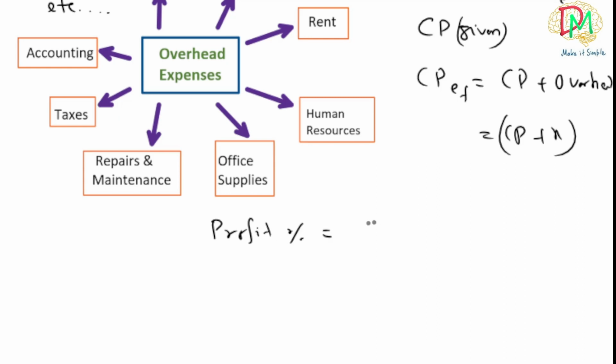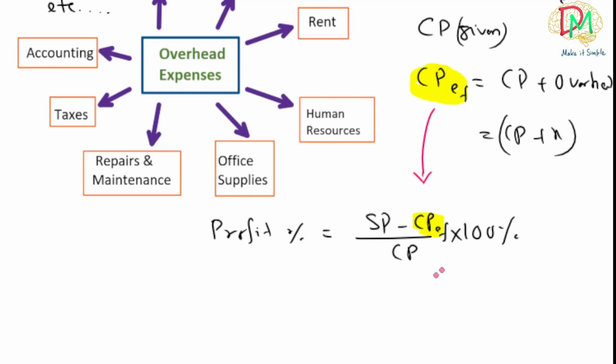You know that profit percentage is SP minus CP by CP into 100%, but here the CP is actually the effective CP. You have to replace this value with the CP and then calculate the profit percentage.